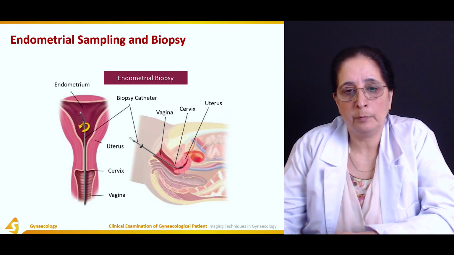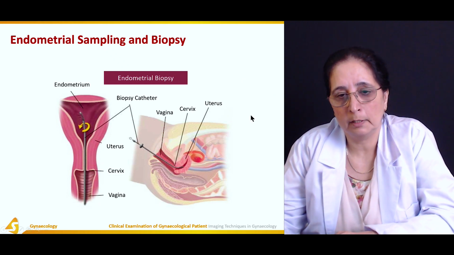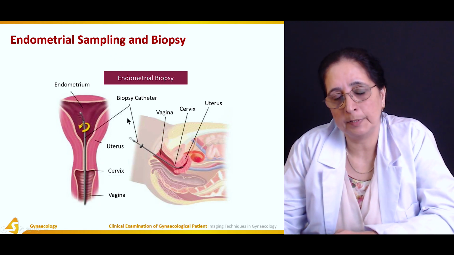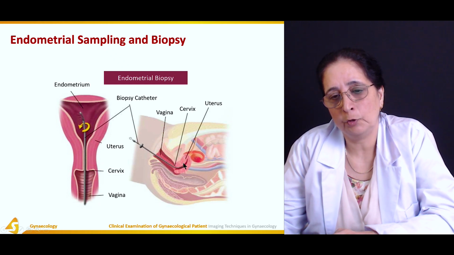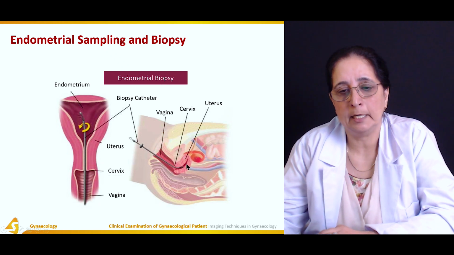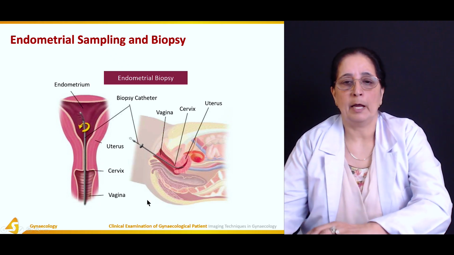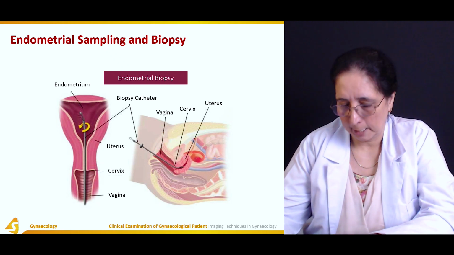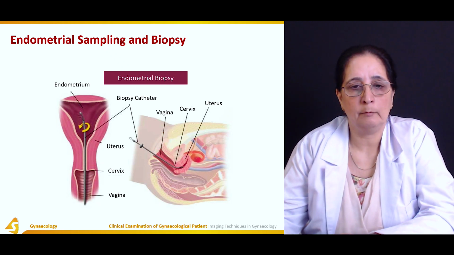So here the endometrium is removed, a biopsy catheter is inserted, and the scraping of the endometrium or endometrial lining is removed and sent to the lab for the biopsy. So this is the endometrial sampling and biopsy.